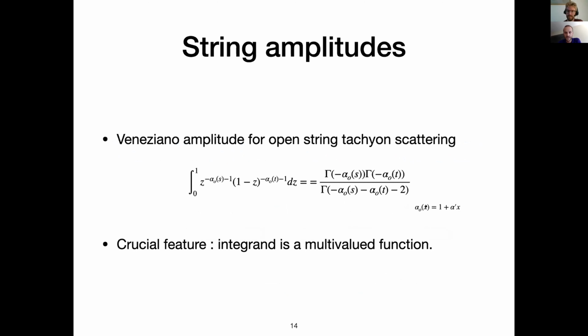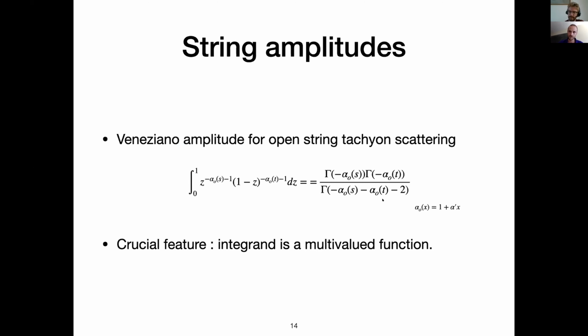Alpha 0 of x is just 1 plus alpha prime x, and s and t are the usual kinematic invariants. s is the center of mass energy squared, and t is the momentum transfer squared. Of course, you'd recognize immediately a beta function here, so it's a ratio of gamma functions. And to get the actual Veneziano amplitude, you need to sum over the other crossed channels. But that's the object we will be looking at right now.